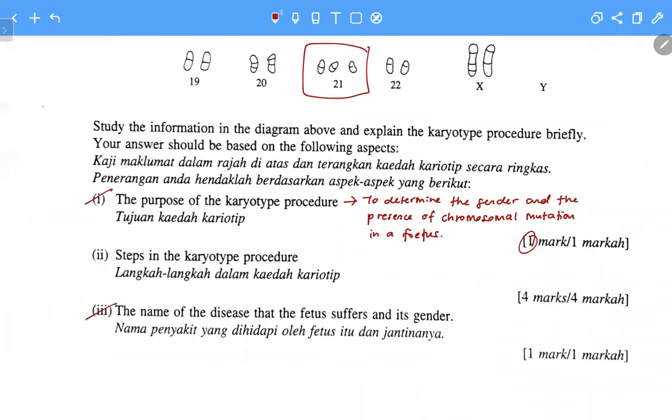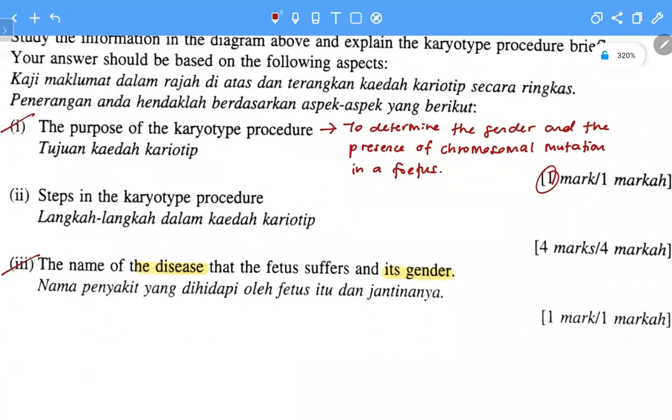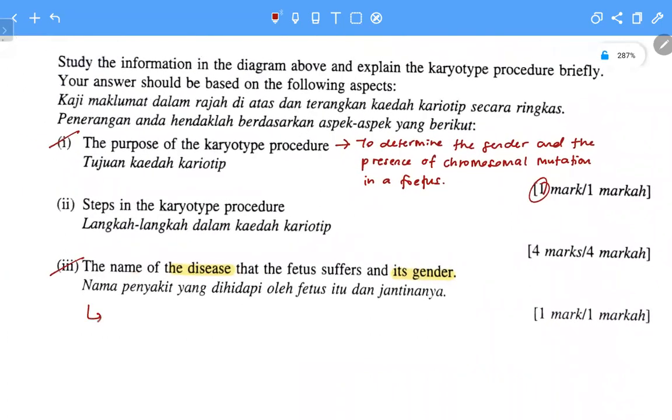And then the third one, what is the disease and the gender? So how do we know? Because it has 2 X chromosomes, and it also has 3 copies of chromosome number 21. Therefore, it has Down syndrome. The fetus is a girl.